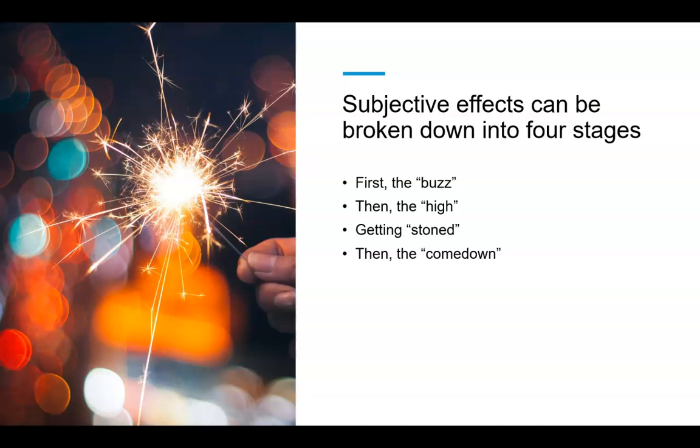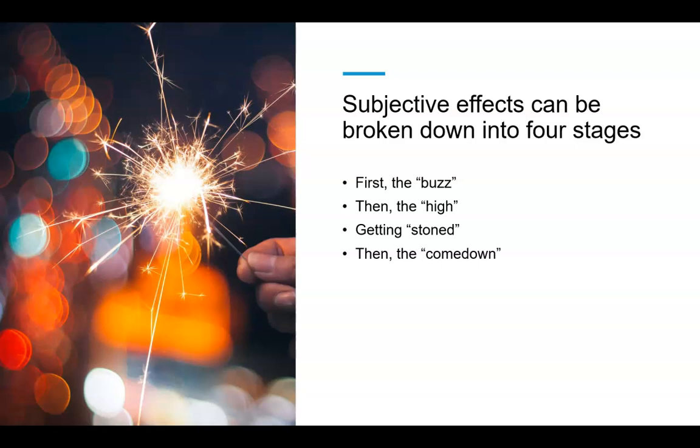If you've taken a larger amount of marijuana, eventually this will progress to what we call getting stoned. This is usually going to be a really calm, relaxed state, maybe even a little dreamlike. In fact, some people do report some changes in their sensory reactions.